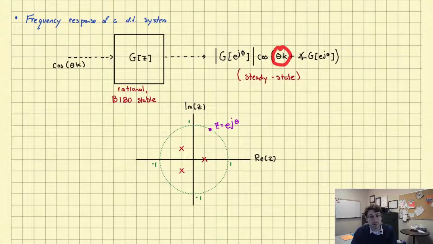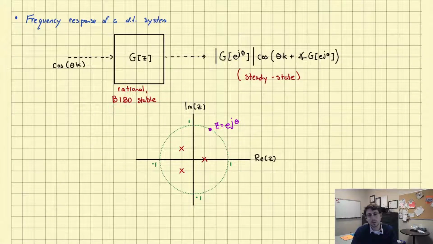So the frequency doesn't change, but there is a change in the magnitude and the phase. And those changes in magnitude and phase depend on the system, right? It depends on the model of your system, and in particular depends on what the system behavior is like.